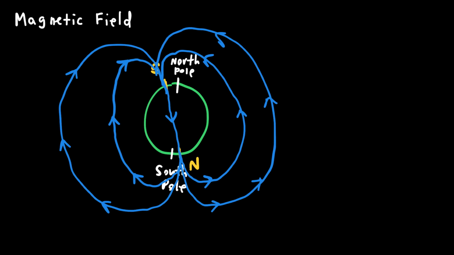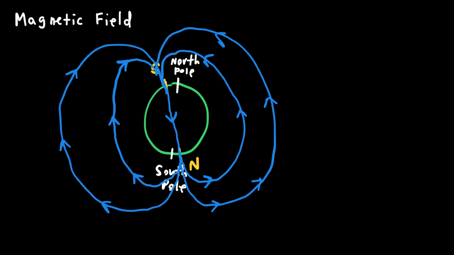A couple key differences between magnetic fields and electric fields, because you might start to think that this looks incredibly similar to the electric field that we have mapped previously when we had different charged components in a circuit. And it does look very similar, and the lines represent similar things. They are lines of force. But one key difference between magnetic field lines and electric field lines is that a magnetic field line doesn't start and stop somewhere.